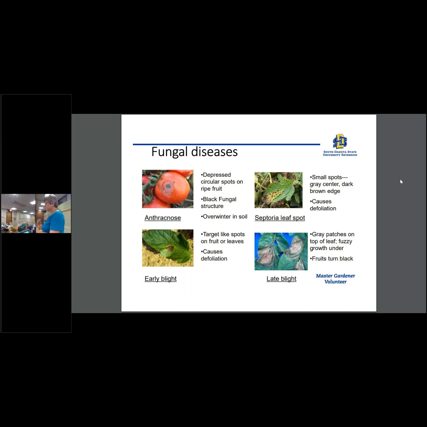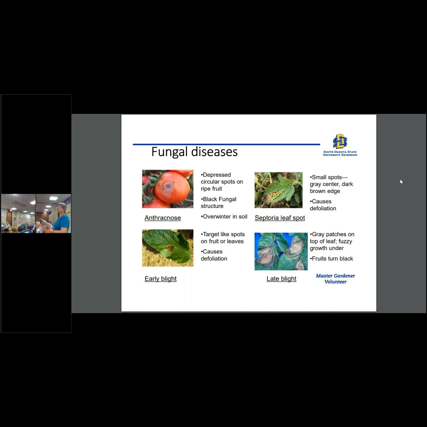Late blight, you can see it has gray patches on top of the leaf. And this one's quite advanced because the patches are really big. The bottom of the leaf will be fuzzy. So if you turn it over and it's fuzzy on the bottom, usually any kind of fuzziness will indicate a fungus, because those are the spores that are going to send themselves out to infect other things.